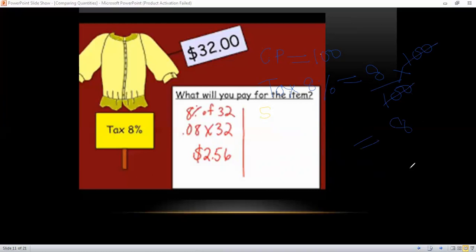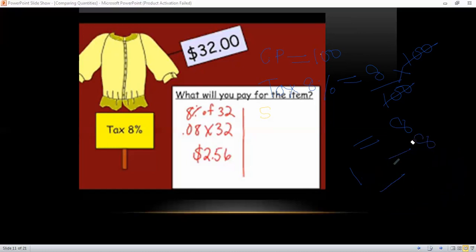That is 8. Now the shopkeeper will prepare the bill as 100 plus 8. So 8 is the tax you are going to give, that may be VAT tax or sales tax, and this is the cost of the item. So the final bill which you have to pay is 108 rupees. Okay.